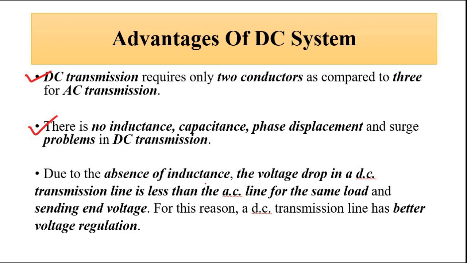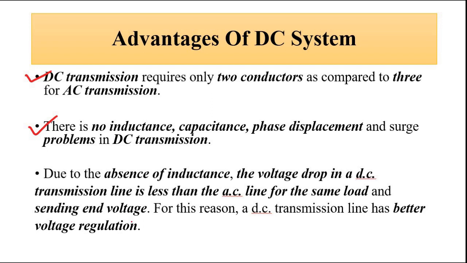Then again, because of the absence of inductance, the voltage drop across a transmission line, because a transmission line has resistive, inductive and capacitive components, the inductive component generally dominates.